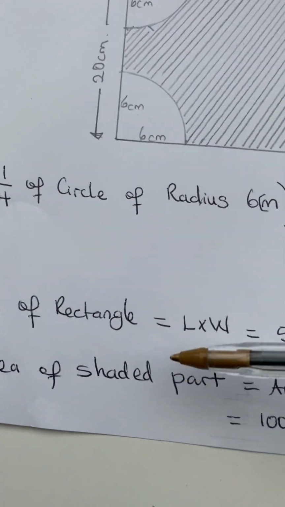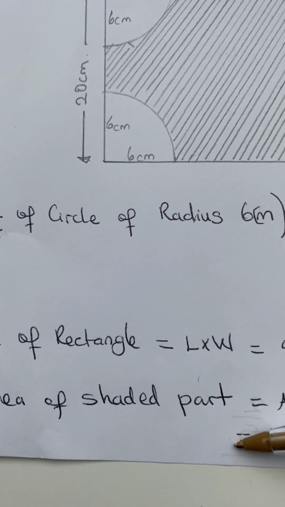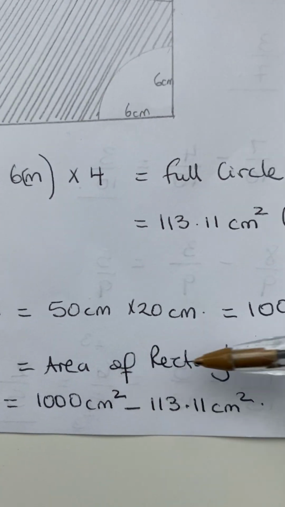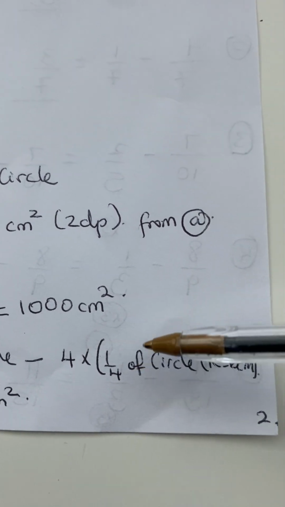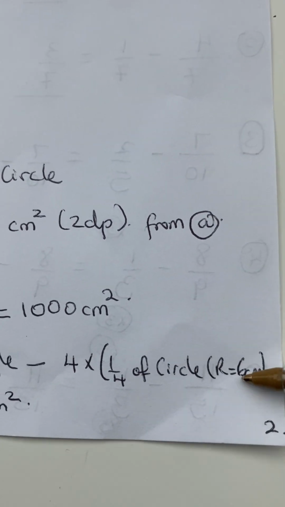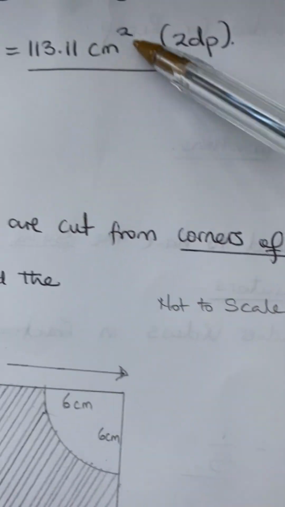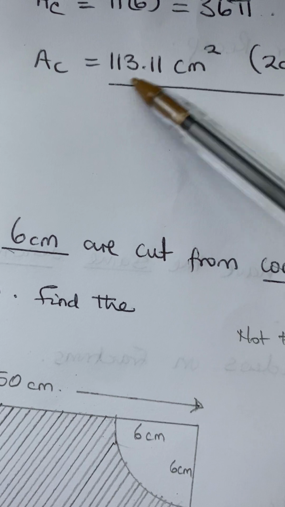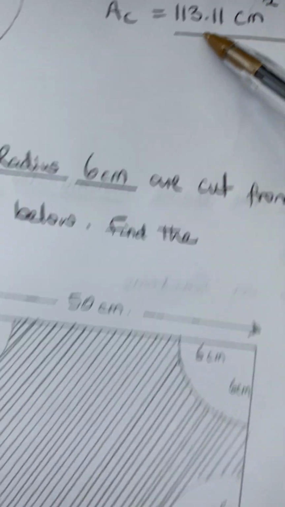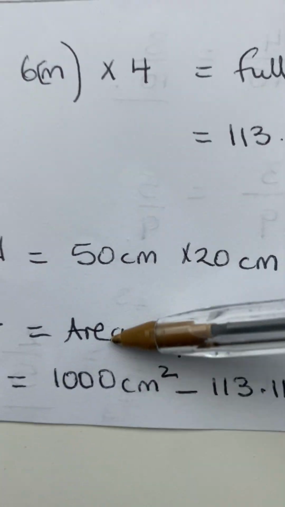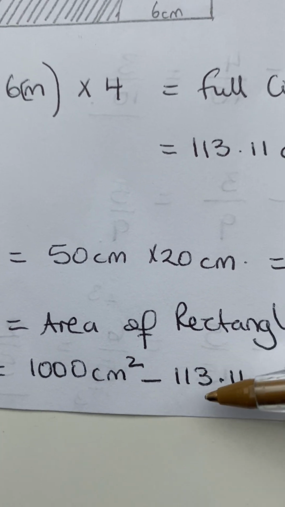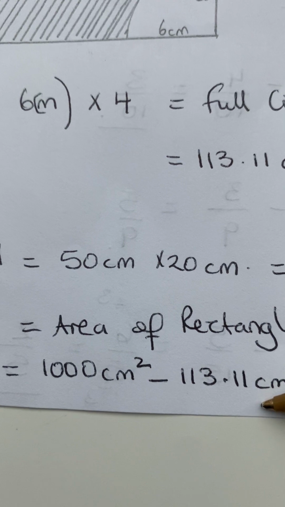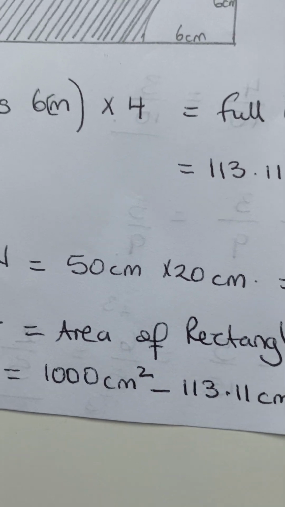So the area of the shaded part is the area of the rectangle minus the quarter circle times 4, which is the answer I had in the first part. So 1000 centimeters squared minus 113.11 centimeters squared.